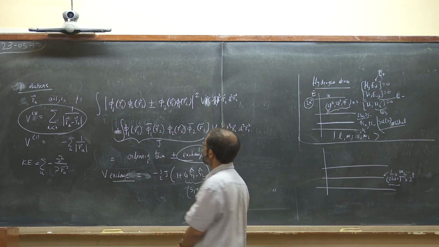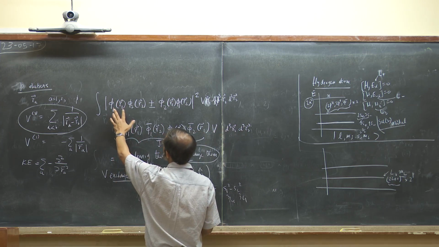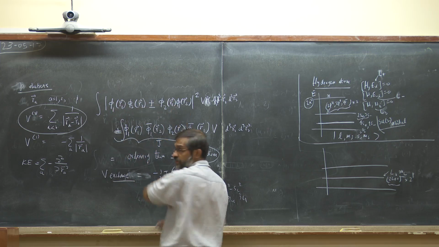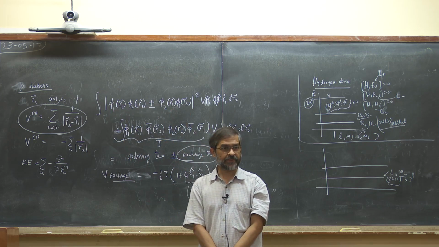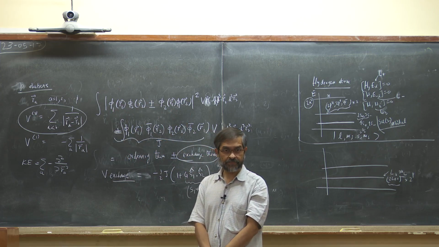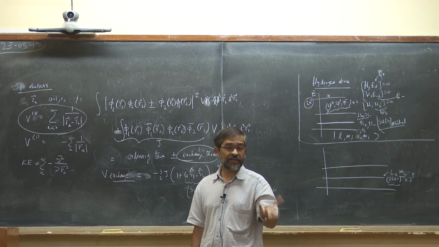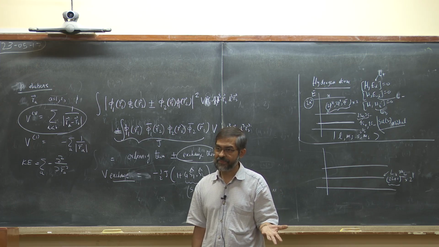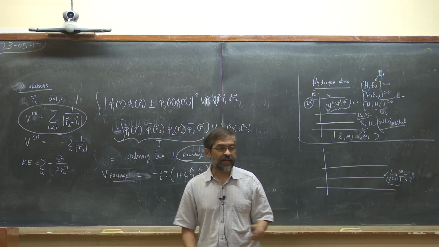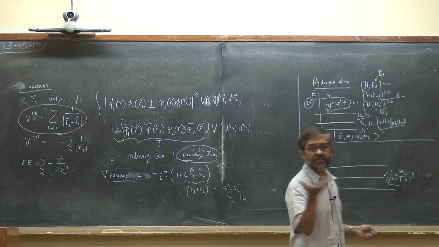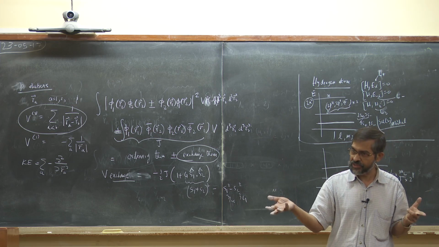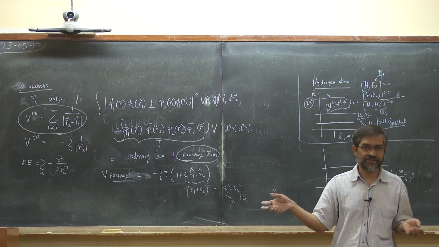So for instance, if it is plus combination, you could have plus plus, which clearly gives rise finally to a spin 1 particle. Is that clear? I'm doing a symmetric combination of 2 spin half particles.